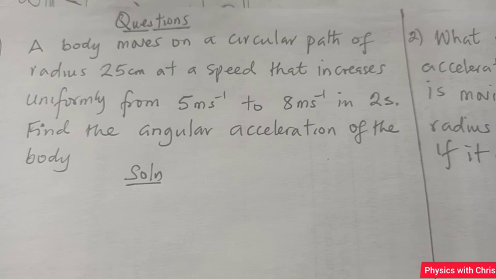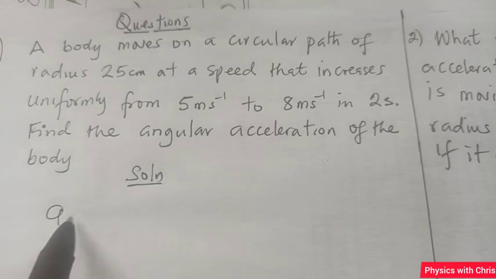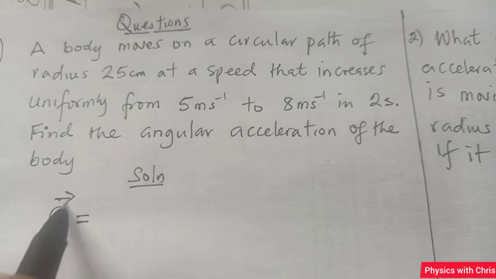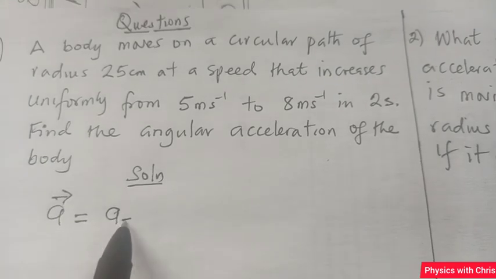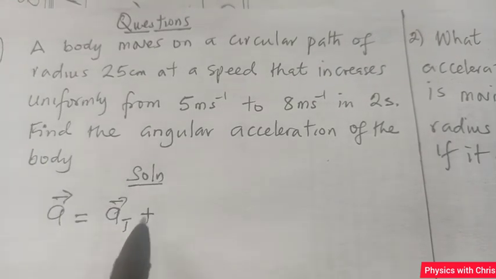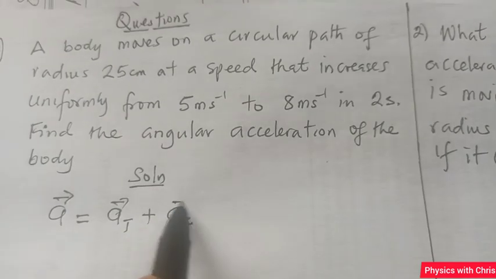Now to start with, in my last presentation of video, I did explain that the total acceleration of a body in circular motion consists of the vector sum of the tangential acceleration and the centripetal acceleration.